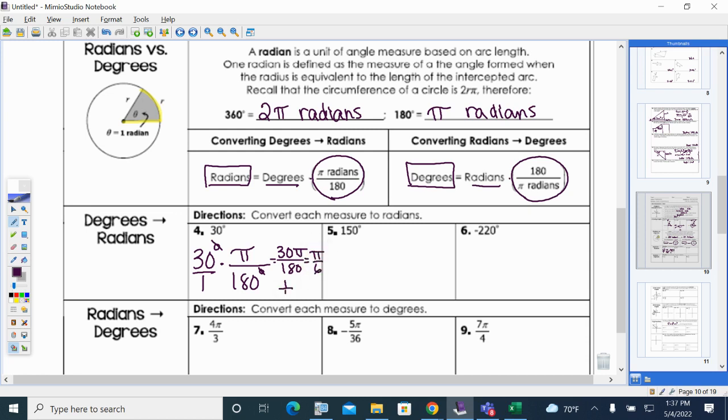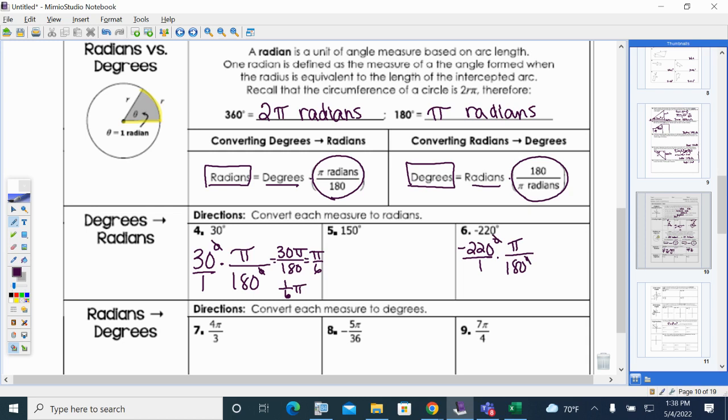If you have 1/6 pi, it is the same thing. So pi over 6 or 1/6 pi is the same answer. The only difference between a positive and a negative, like on example number 6, is if you have a negative degree measure, your radians are also going to be negative. So if I start out with negative 220 degrees, I'm going to multiply again so that the degrees are going to cancel, which means the pi needs to go in the top.